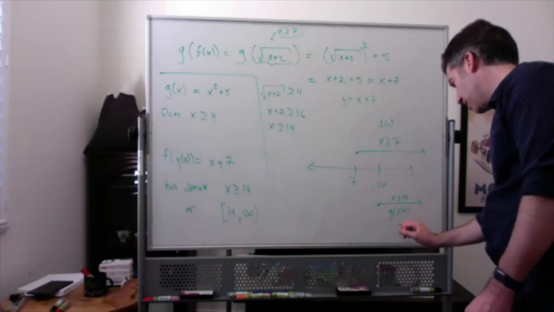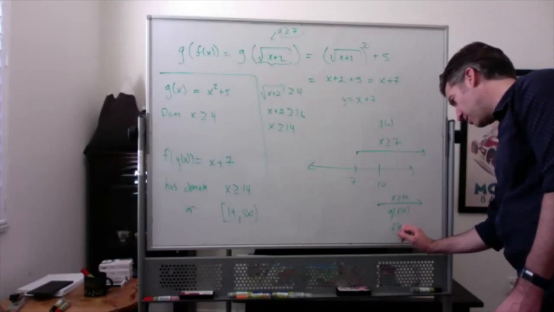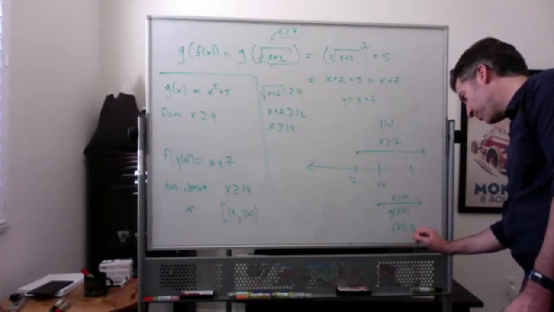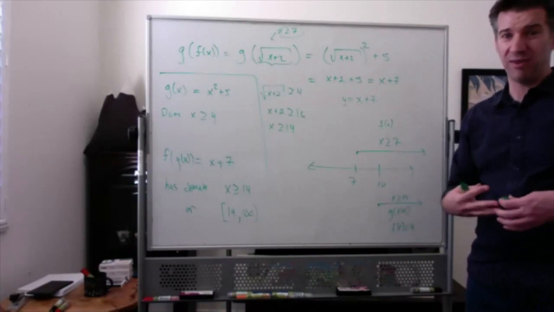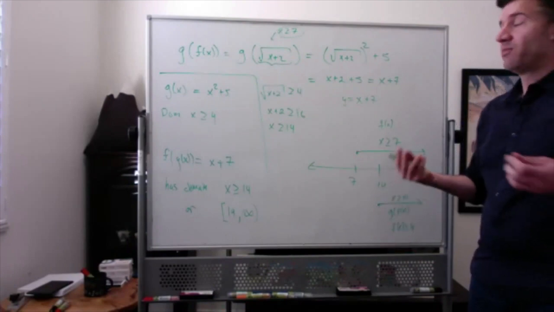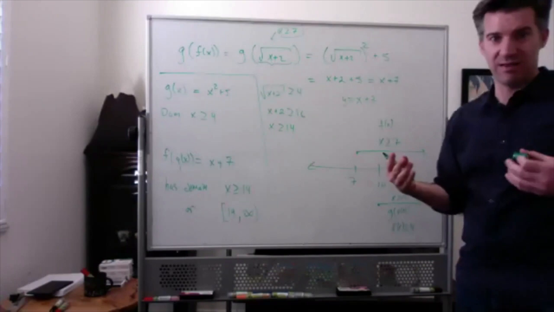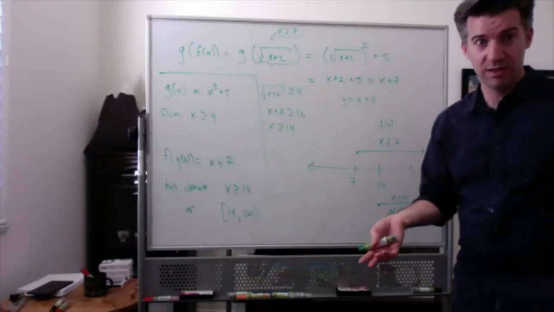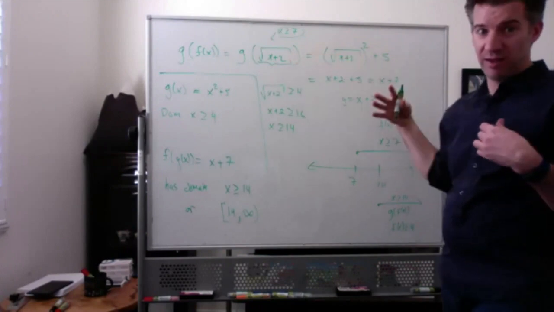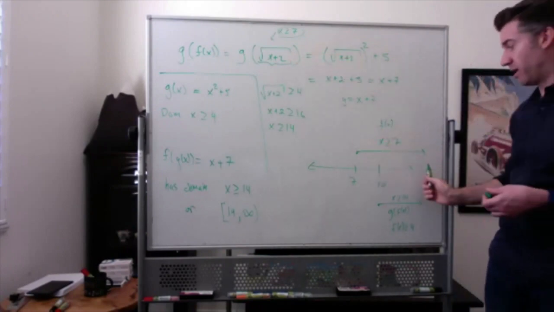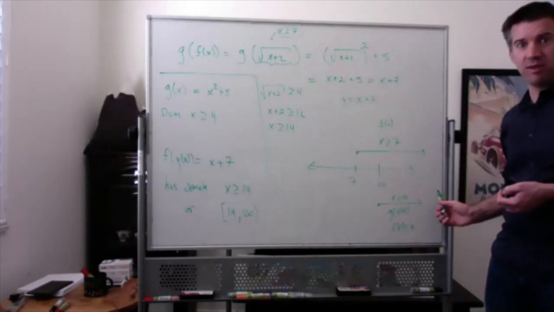This is from really f of x having to be bigger than or equal to 4. And the thing is, when you compose functions, or really when you combine functions in any way, you have to obey the domains of all the things. So it has to be true that we're obeying the domain of both the inner function and the outer function. So I have to obey this domain, and I have to obey this domain.